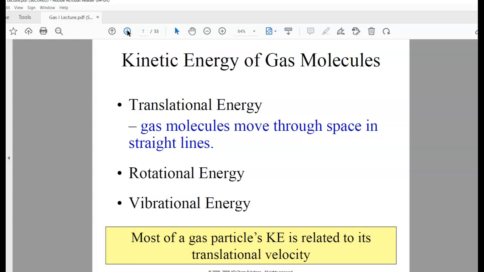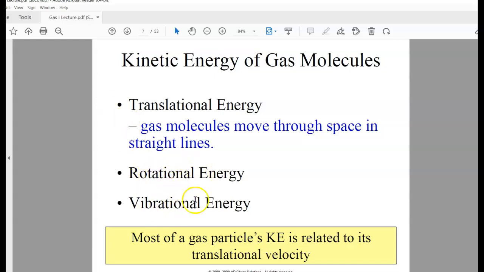We will be talking about kinetic energy of gas molecules a little bit later. And if you remember that kinetic energy is equal to 1/2 mv squared, mass times velocity squared, where mass has to be in kilograms. And we can see there are different types of kinetic energy. We are only really talking about translational kinetic energy, which is the idea of a particle moving in straight lines.